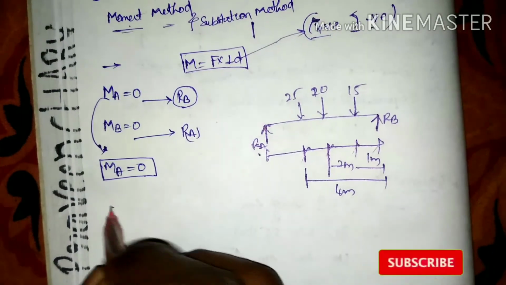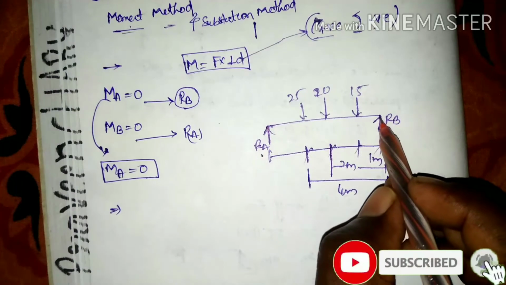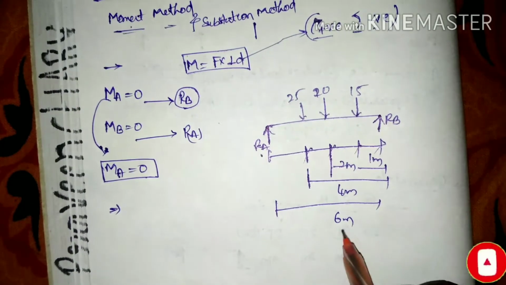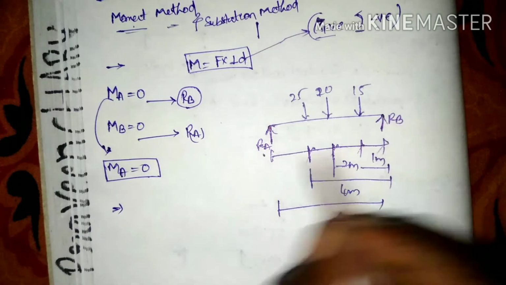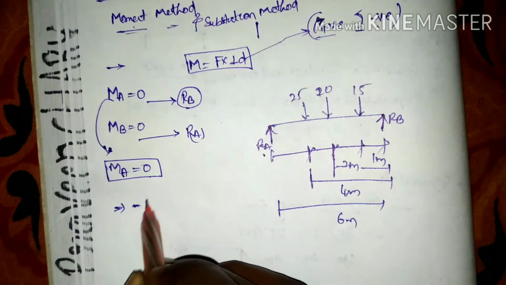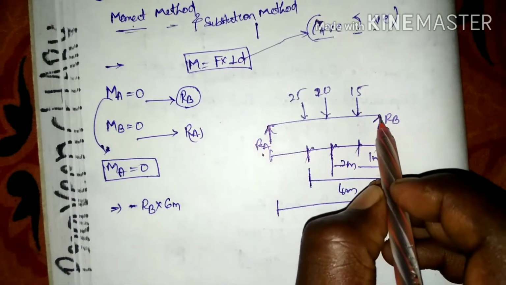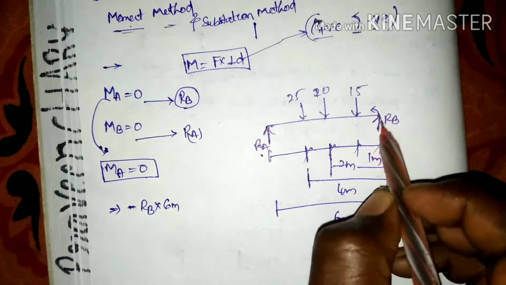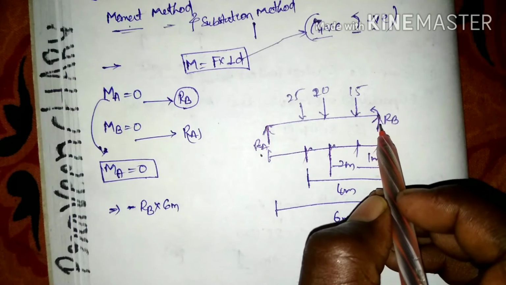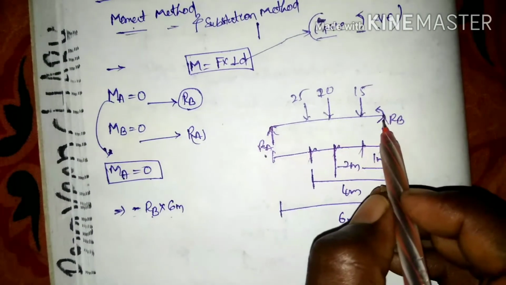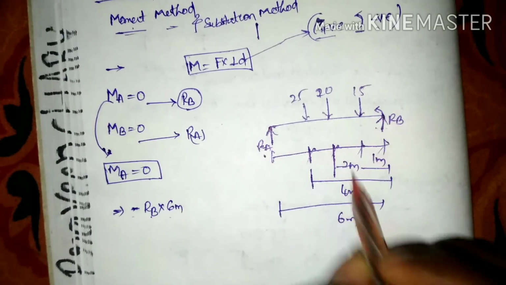This is the diagram we are having, and the total span is going to be 6 meters. Minus RB into 6 meters, because RB is taking the moments in the anti-clockwise direction, so it is going to be negative: minus RB into the total distance from A to B, which is 6 meters.